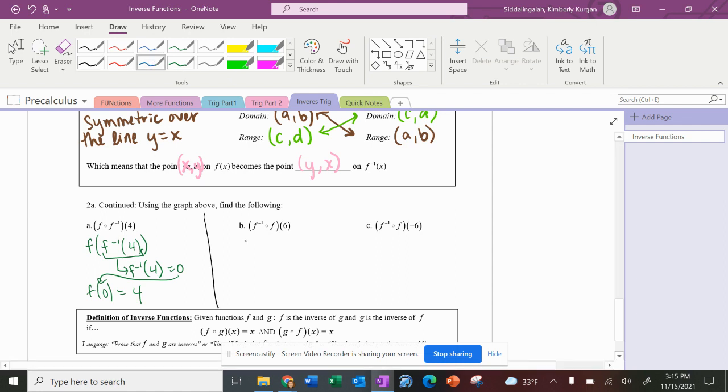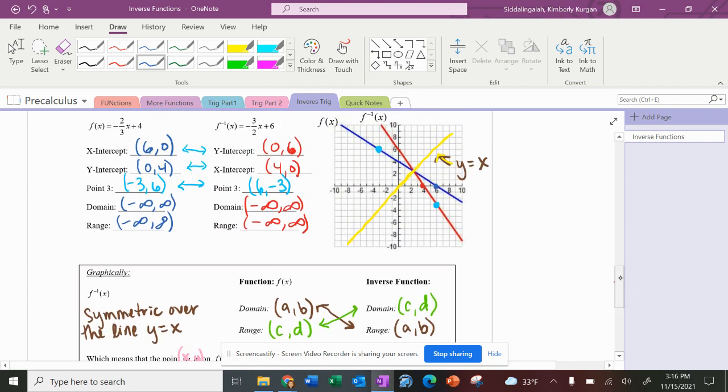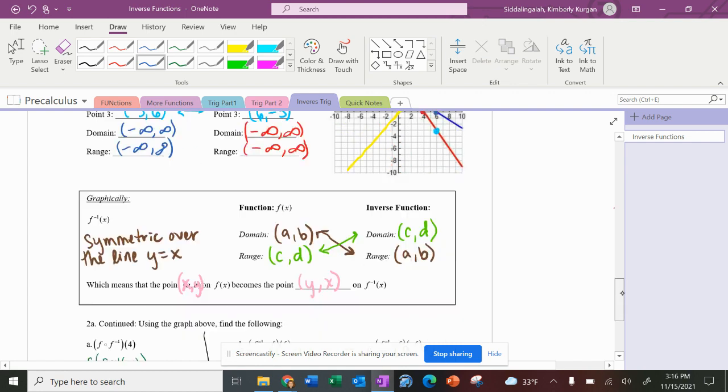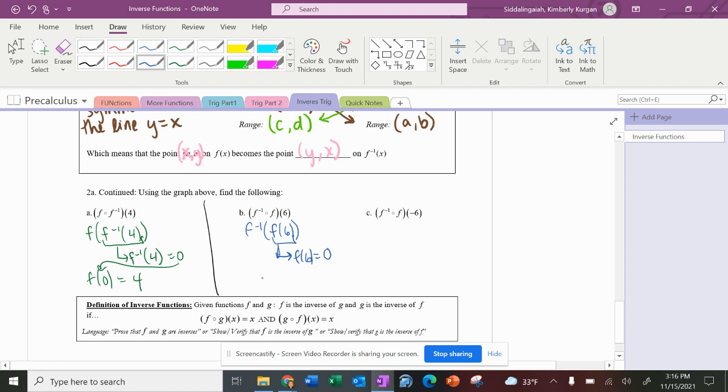Let's check this out. Let's do f inverse of f of 6. Okay, so let's start with f of 6. F of 6 is, well, let me take a look at my graph again. So blue line, f of 6. Okay, so that's 0. So now this is going to be f inverse of 0.